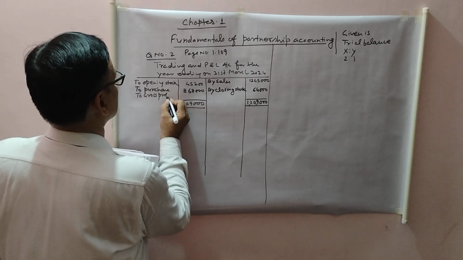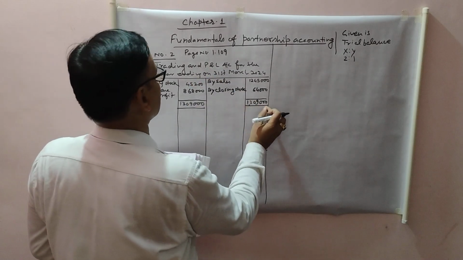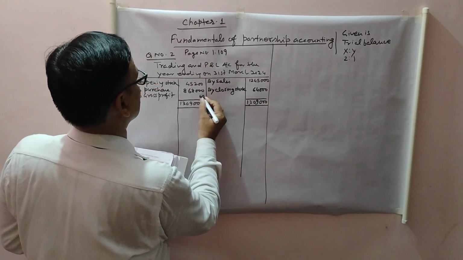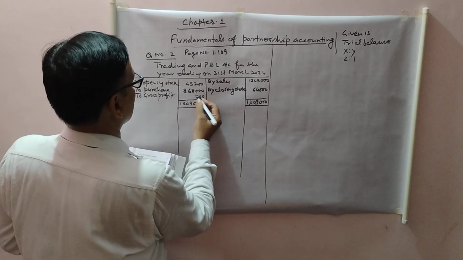What is the figure of gross profit? We will deduct this total from this 13,09,000.